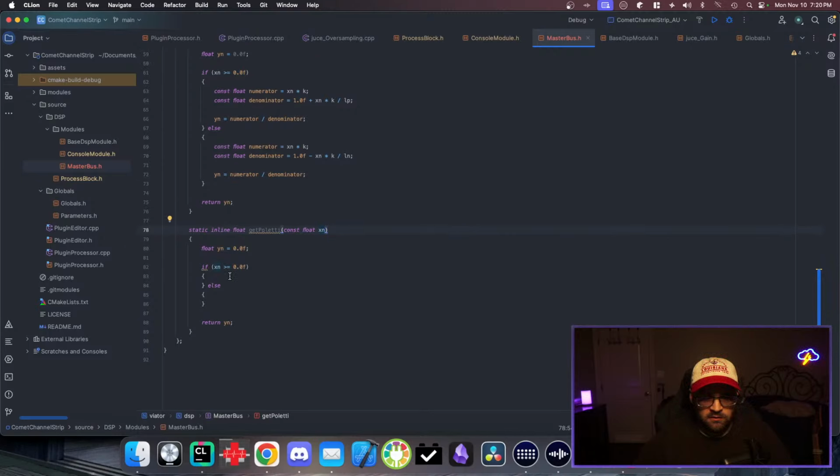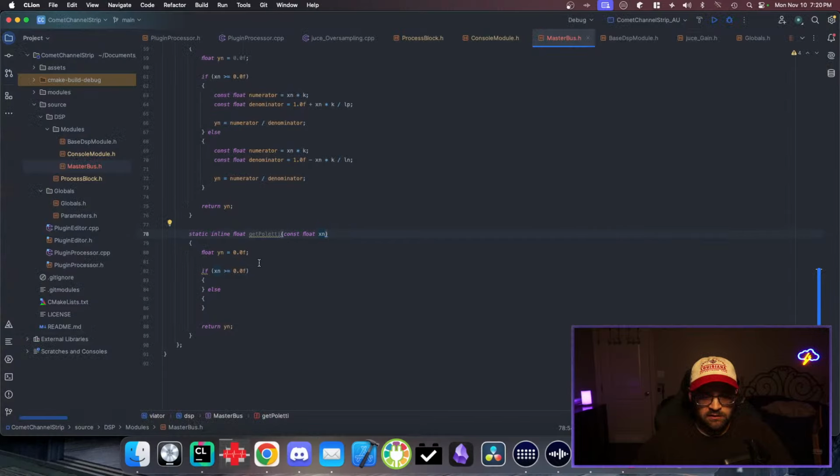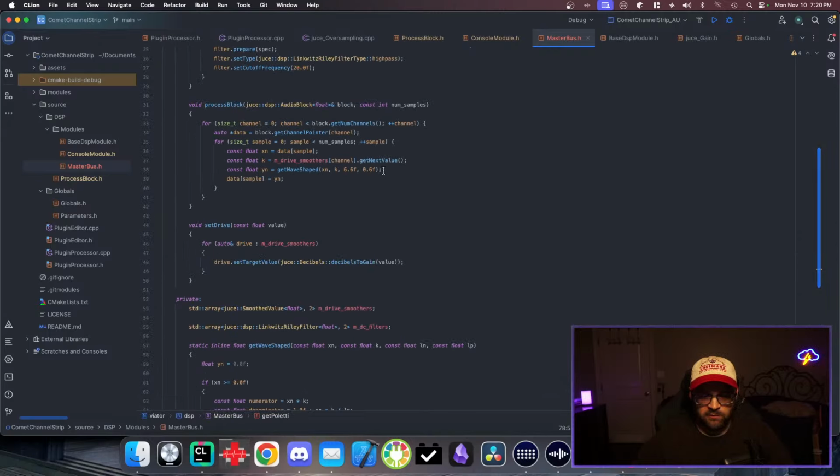Okay, so the positive section, if we look at the paper, the first thing is an asymmetrical wave shaper. So we can take what we did here. Yes, getWaveShaped.